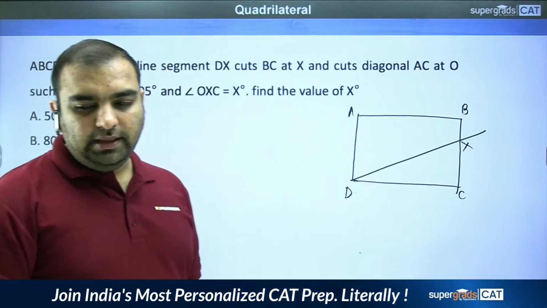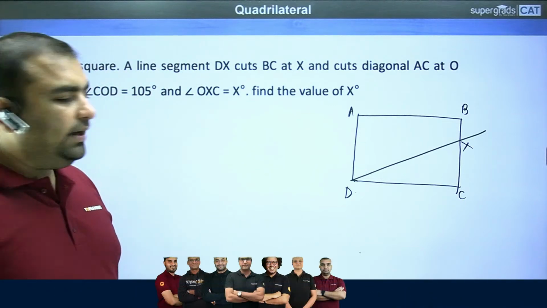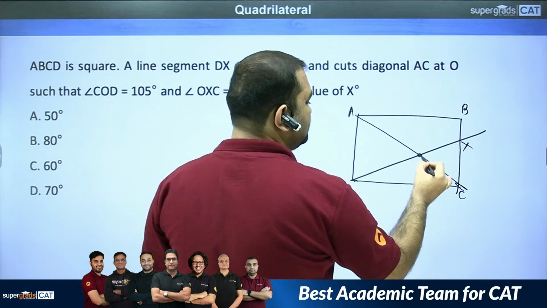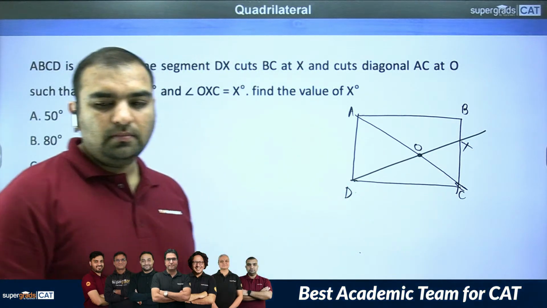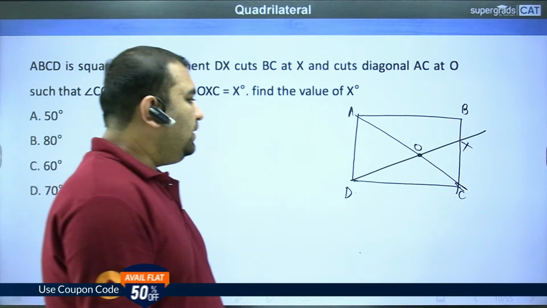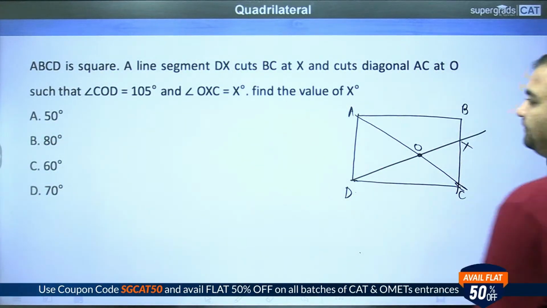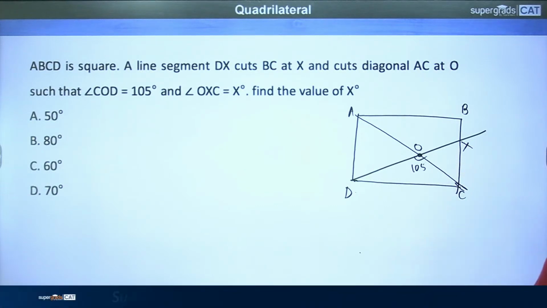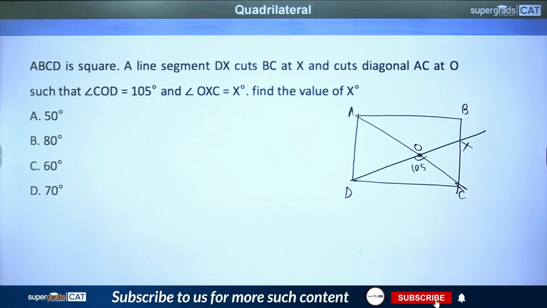And diagonal AC at O. Angle COD is given, 105. Angle OXC is what they are asking.